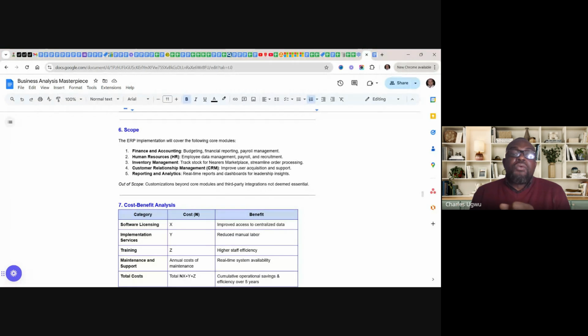But if you just implement only CRM, over time, you will come back again and start implementing ERP in order to manage your finance and accounting. Or you can equally go again and start implementing a single system, only CRM. So we are talking about disjointed operations.